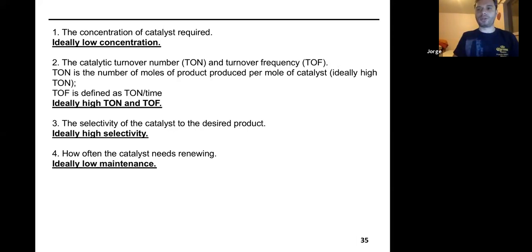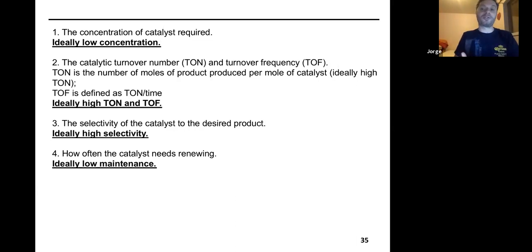The second point to be considered is the catalytic turnover number, or TON, and turnover frequency, TOF. TON is defined as the number of moles of product produced per mole of catalyst. Ideally, you want to produce a lot of product with a small amount of catalyst.